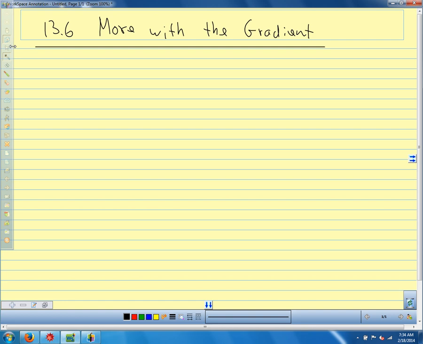In the process of doing that, we came up with, let me just do a quick recap. Our directional derivative. That was the point of what we did on Thursday, was to come up with this idea of a directional derivative.